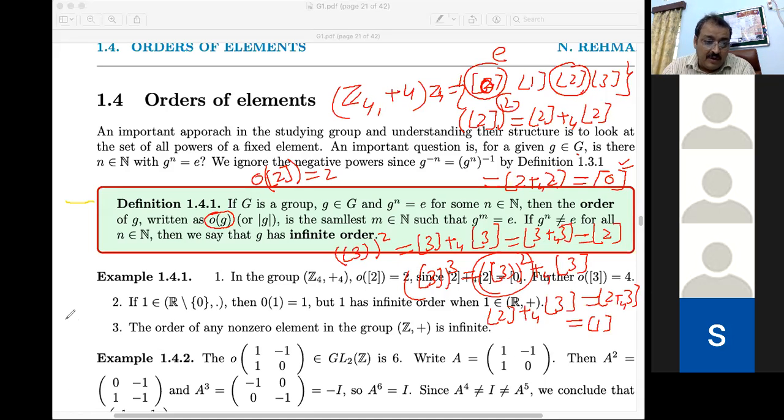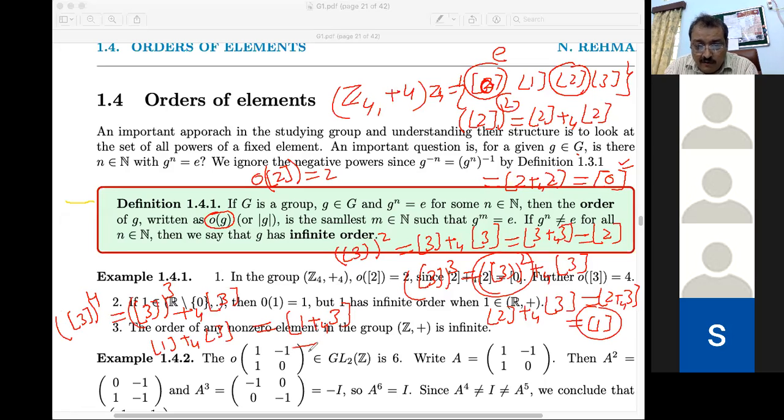So we move to the next power, 3 to the power 4. This can be written as 3 to the power 3 addition modulo 4 3. We have already calculated 3 to the power 3, which is equal to 1. So this is equivalence class of 1 addition modulo 4 3. What is 3 plus 1? 4. 4 divided by 4, remainder is 0.